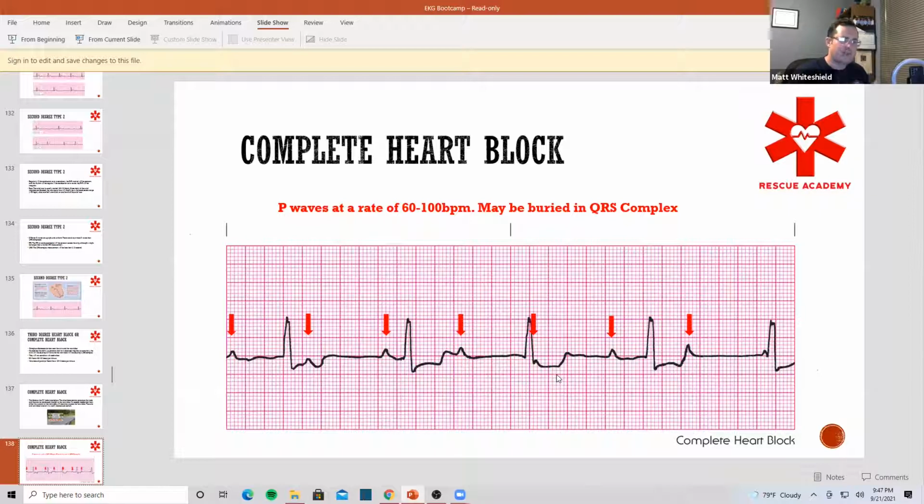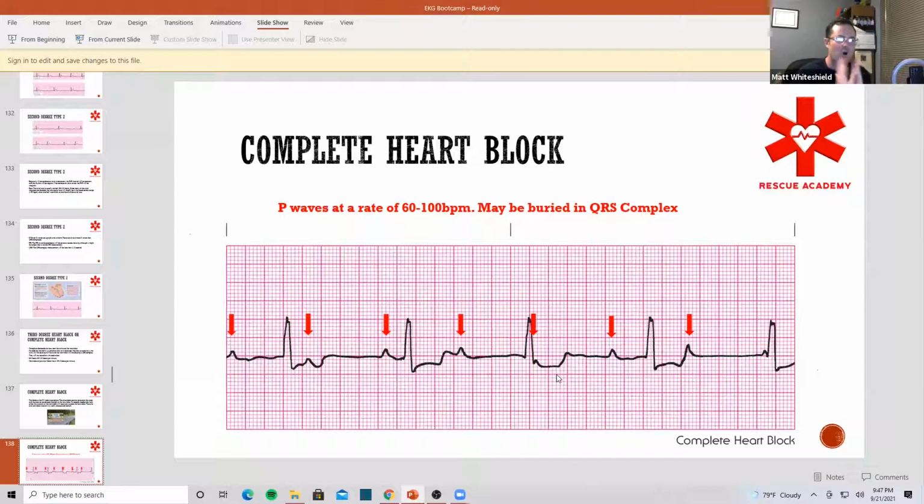Again, the trick is to grab a sheet of paper, take that sheet of paper over your complete heart block, and with a pen, mark your P waves. And all you need to do with that sheet of paper, once you mark your P waves, is move that sheet of paper from one side to the other, right? And making sure that the P waves line up. And guess what?